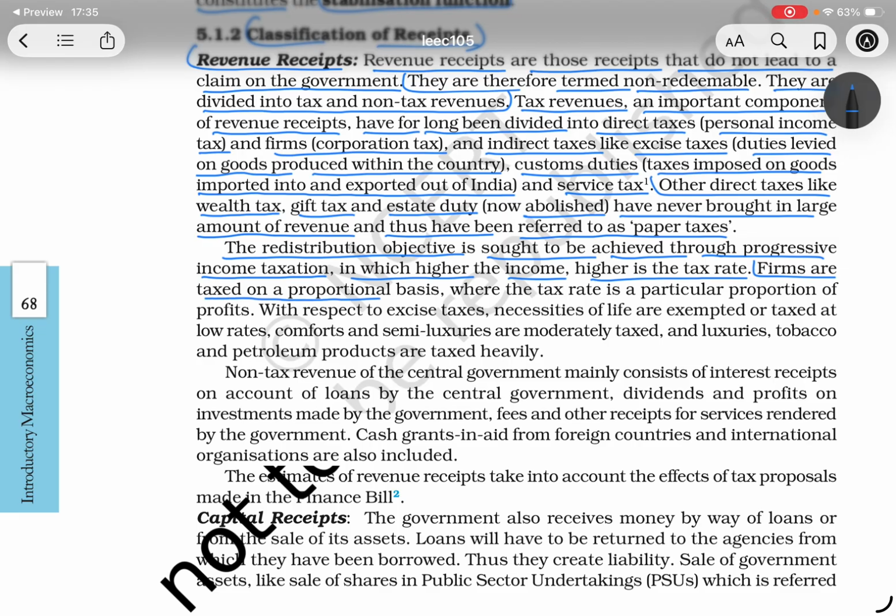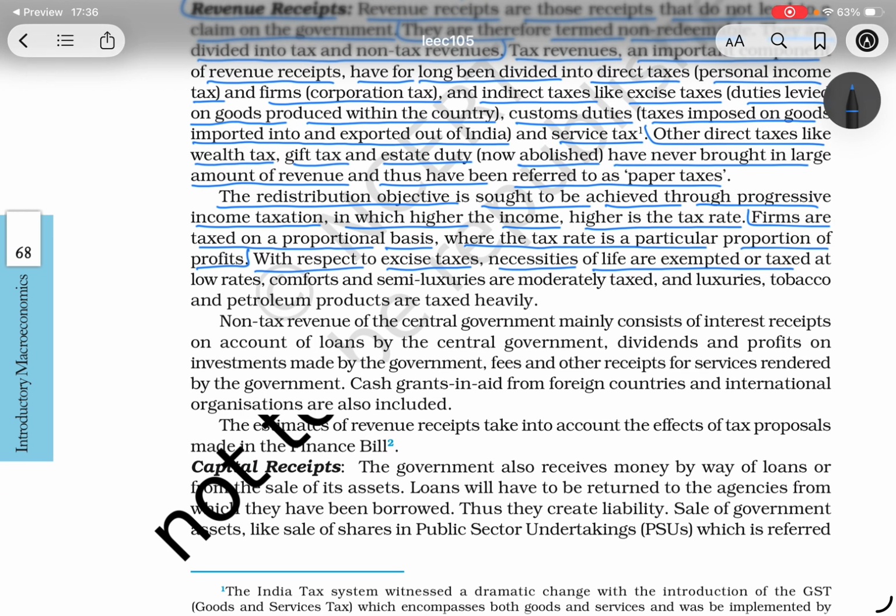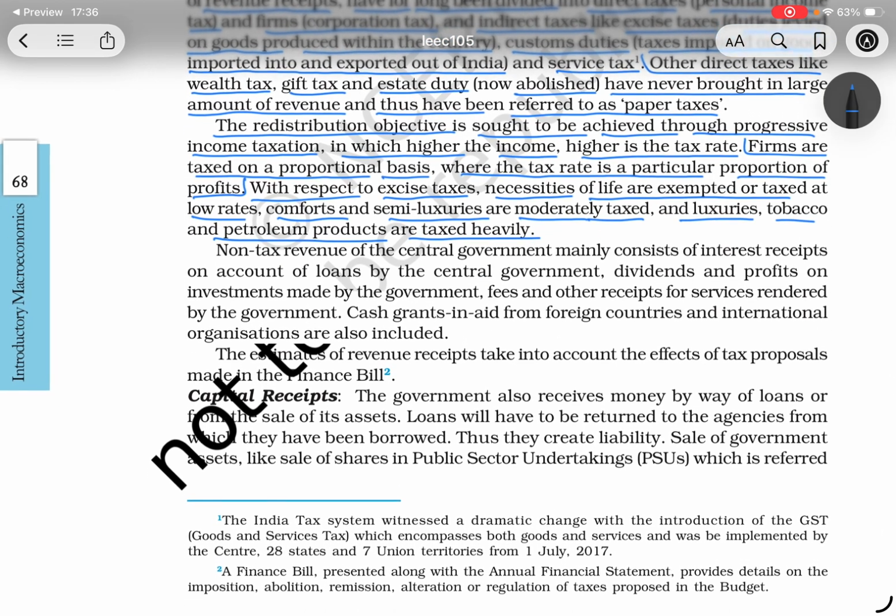Firms are taxed on a proportional basis, where the tax rate is a particular proportion of profits. With respect to excise taxes, necessities of life are exempted or taxed at low rates. Comforts and semi-luxuries are moderately taxed, and luxuries, tobacco, and petroleum products are taxed heavily.